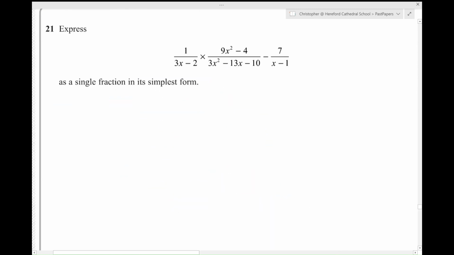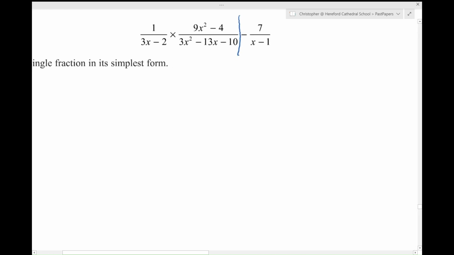Question 21. Right, I'm going to deal with the multiplication first. So I'm going to ignore that minus 7 over x minus 1. Okay, so I've got 1 over 3x minus 2 multiplied by, now this is the difference of 2 squares, so that's going to be 3x minus 2 times 3x plus 2.